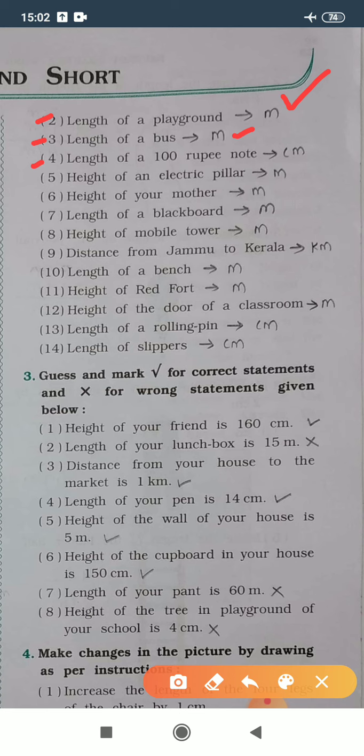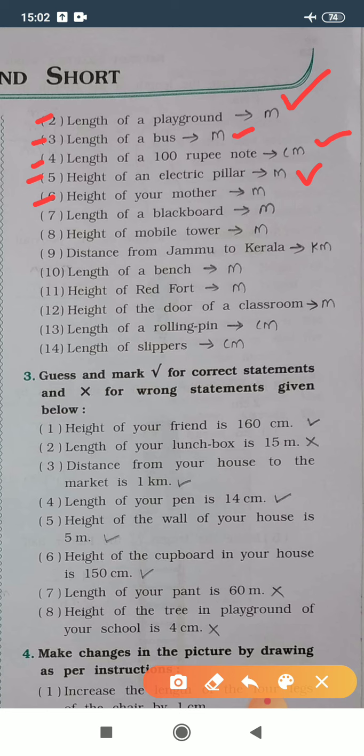Everyone knows that the 100 rupee note is small, so we can calculate in centimeter. Number 5, height of an electric pillar. Pillar is very much bigger, like a building, so it will come under meter.